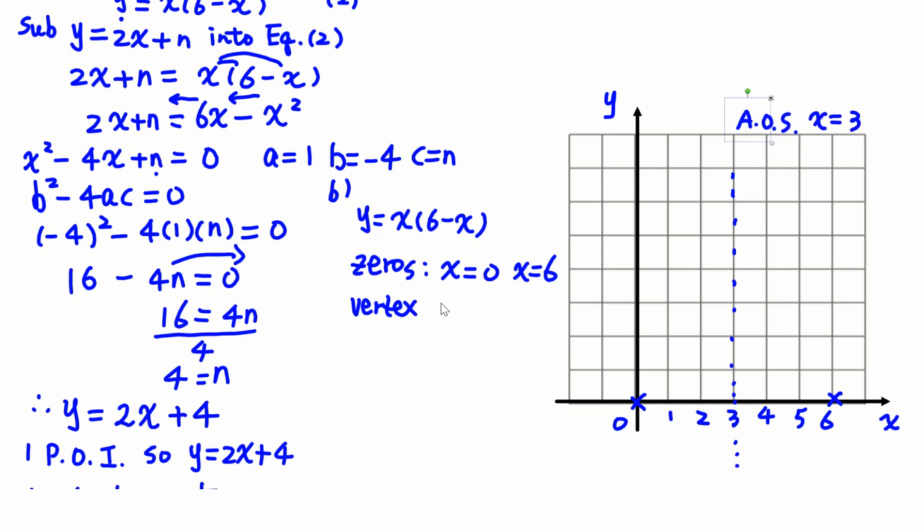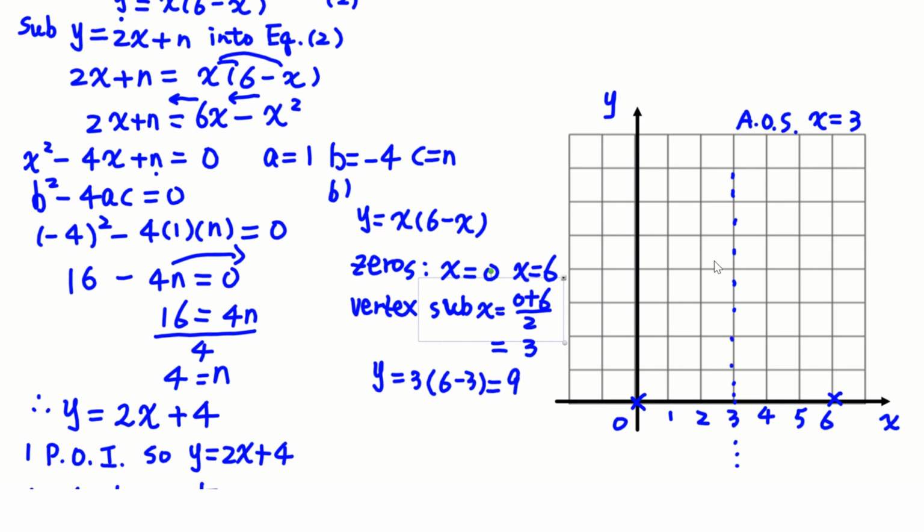Then from the p-value of 3, we sub it back. The midpoint, 0 plus 6 divided by 2, the average of the two zeros, gives you 3. Sub this back into the function, so 3 times 6 minus 3 gives you 9.